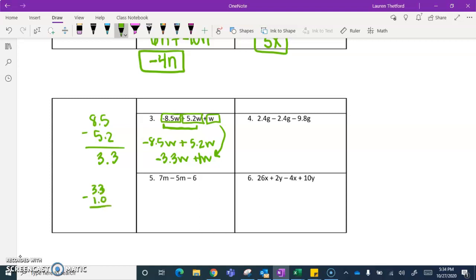We add a 0 whenever we have a number missing below, because we have to line up those decimals. 3 minus 0 is just 3. Bring down our decimal. 3 minus 1 is 2. So my simplified expression in this case is 2.3w, and it's going to be negative because my larger number was negative.